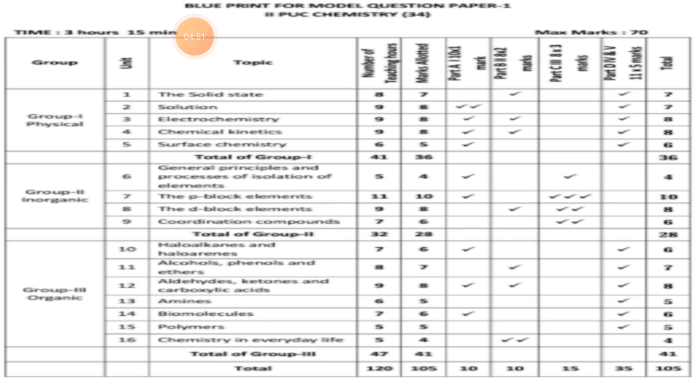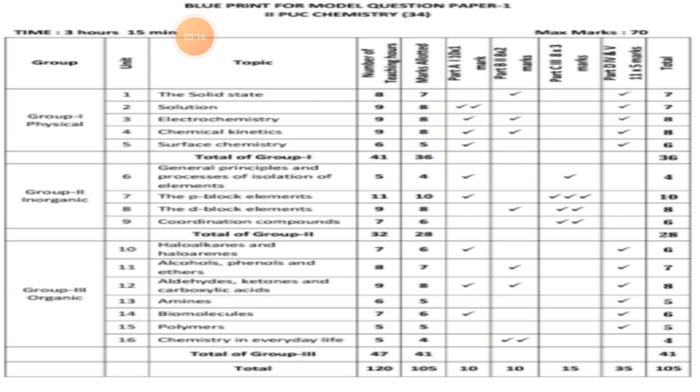Questions come as 1 mark and 5 mark questions. So total weightage is 6 marks. The part first, or group first, which is physical chemistry, has a total weightage of 36 marks.